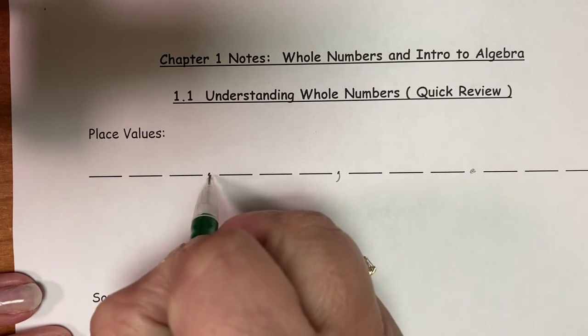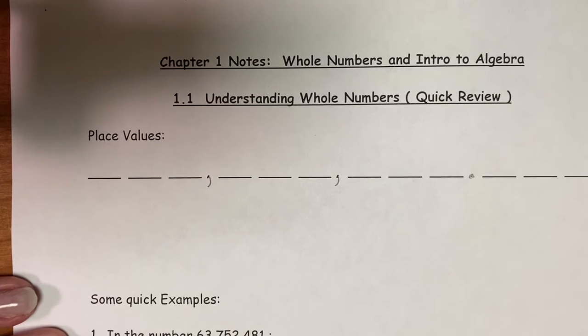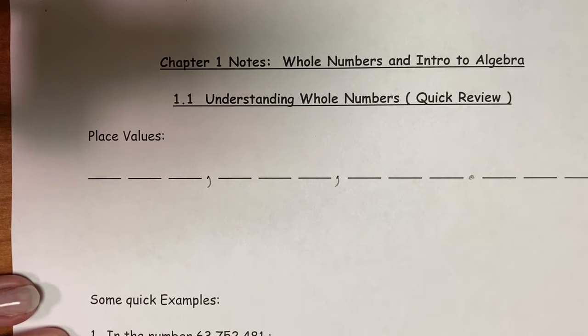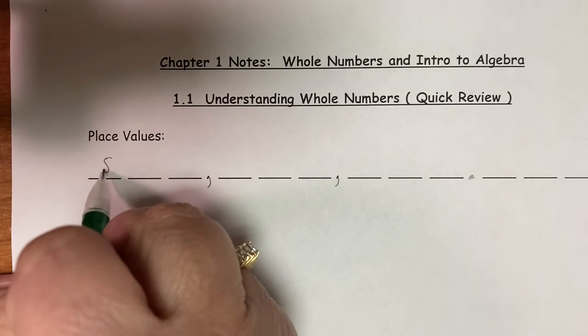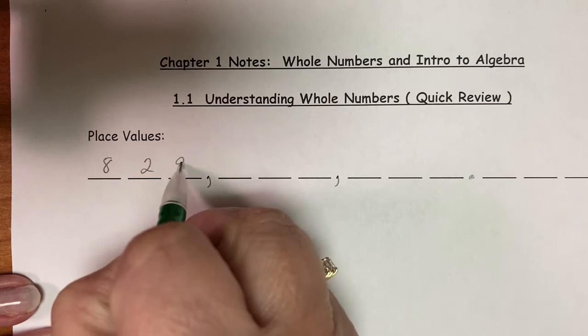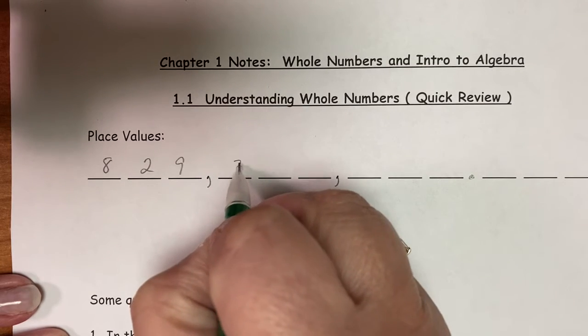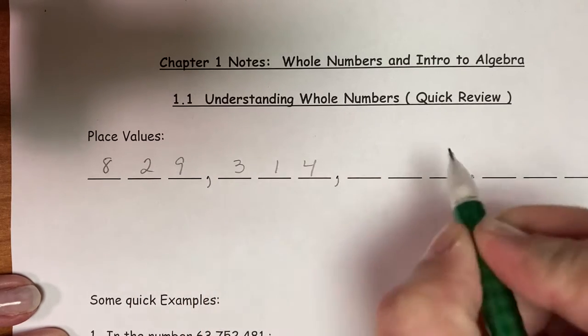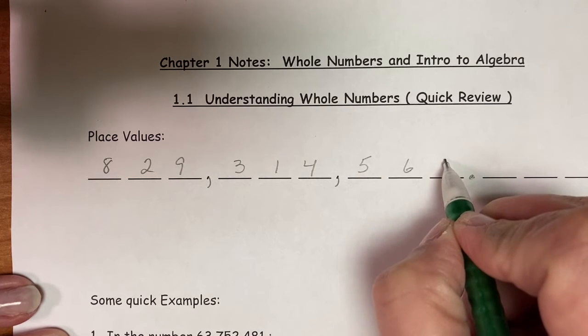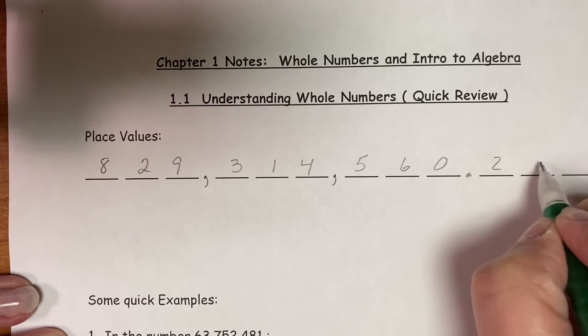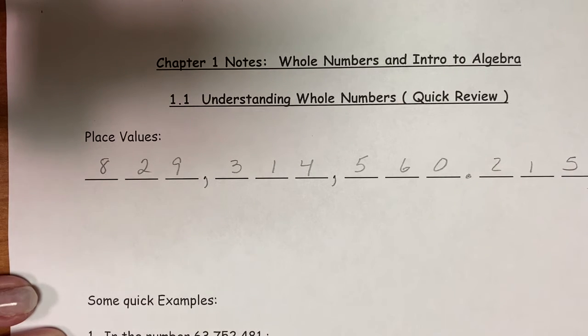These are commas. So if I were to put numbers in these spots, let's say I just have 8, 2, 9, 3, 1, 4, 5, 6, 0, 2, 1, and 5.